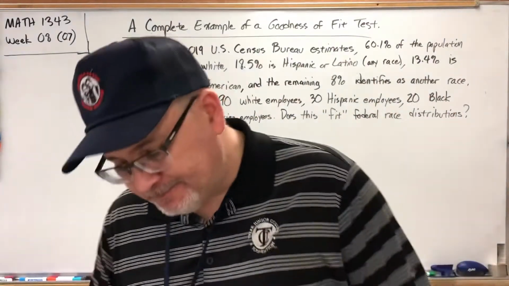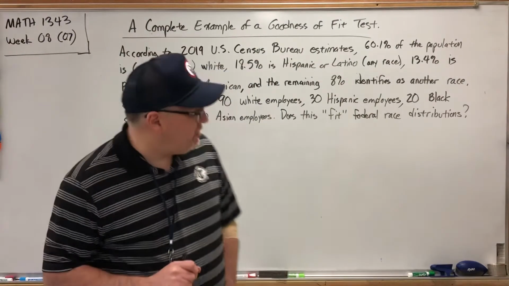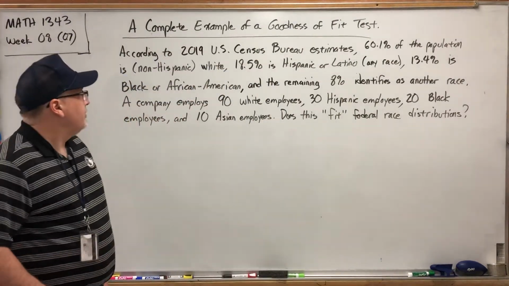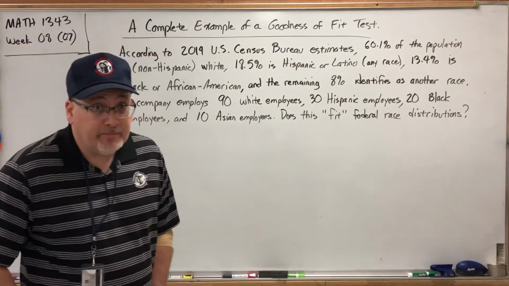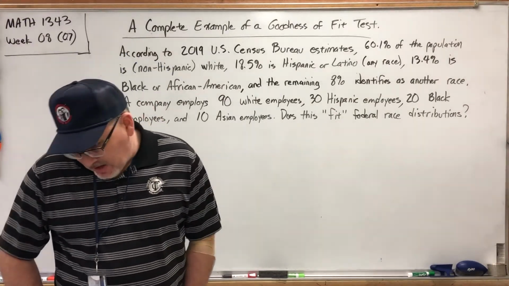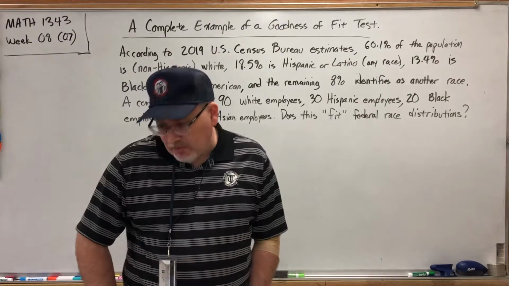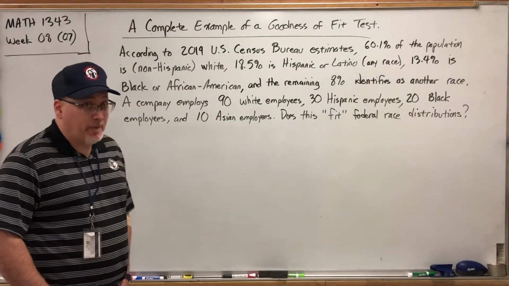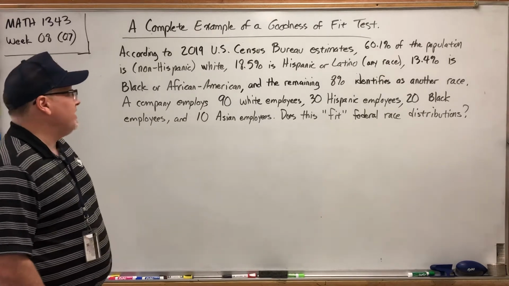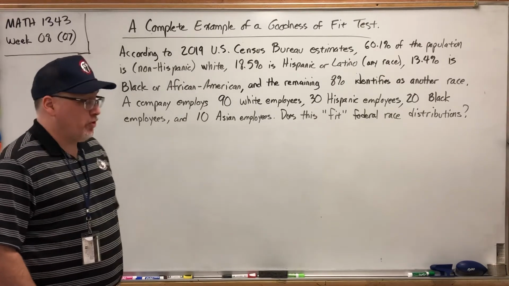Full disclosure. The federal data on the board does come from federal data. These aren't made up numbers. I will admit that I did pull them from a Wikipedia article, so they're only as reliable as whoever put them up there, but they are cited as being from the 2019 U.S. Census Bureau.